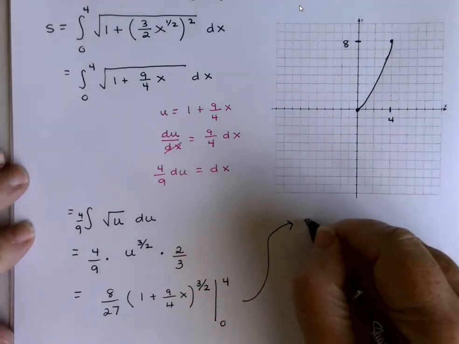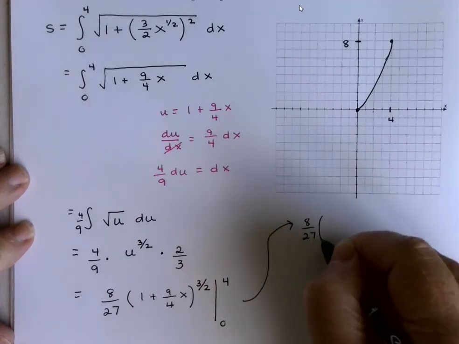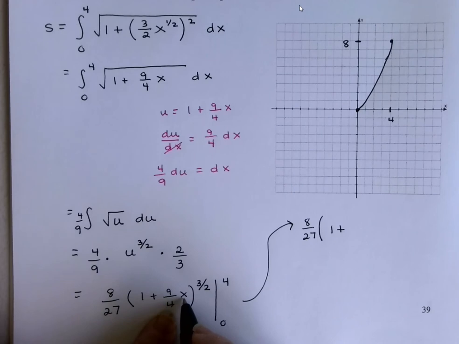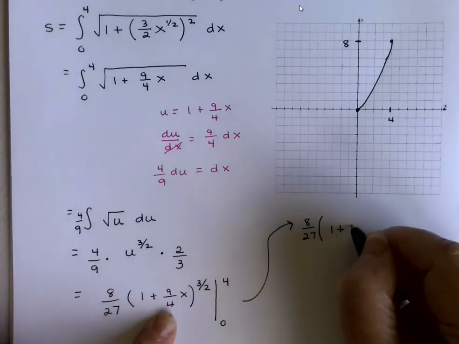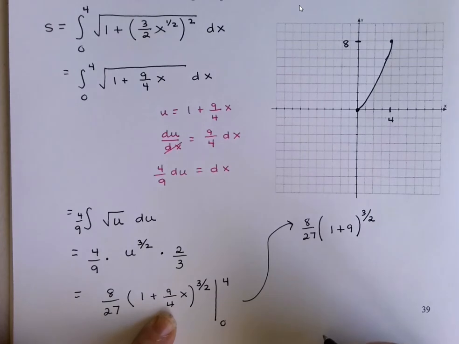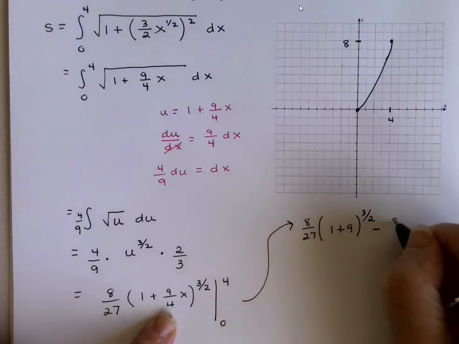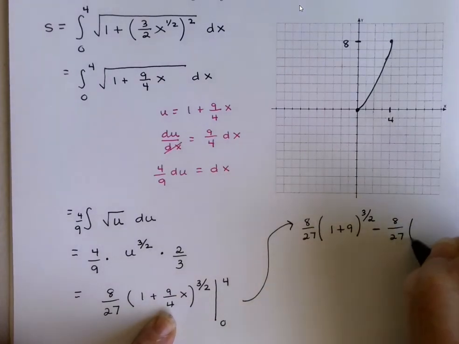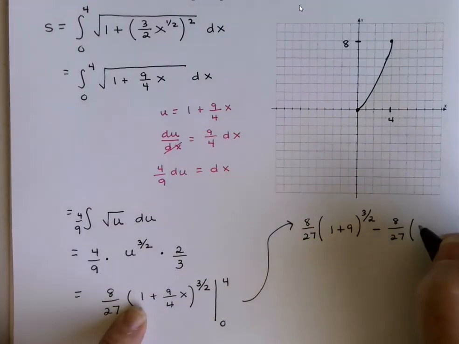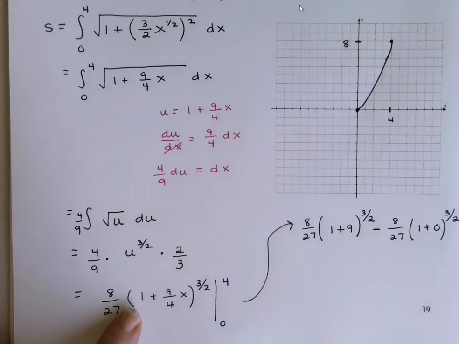So we've got 8/27 times 1 plus, if I plug in 4 here, the 4's will cancel, so that's just 1 plus 9 to the 3/2 minus 8/27 times, if I plug in the 0, 1 plus 0 to the 3/2.